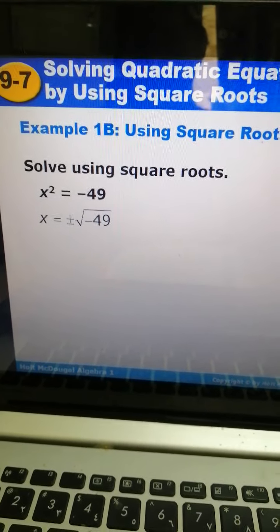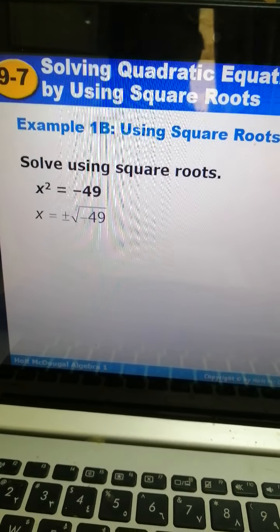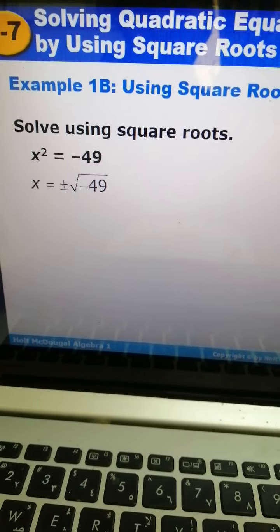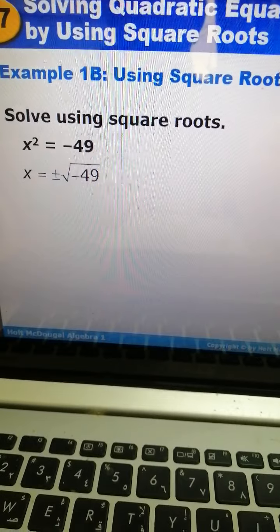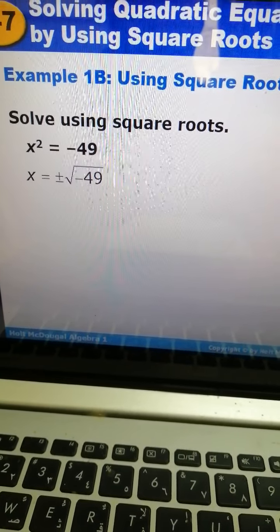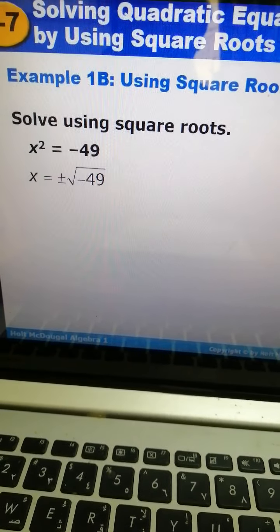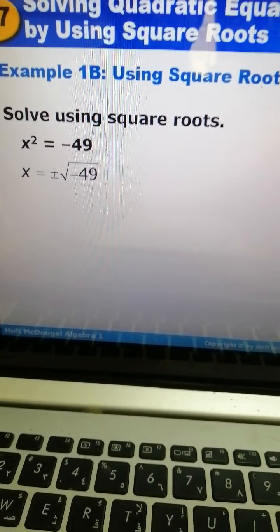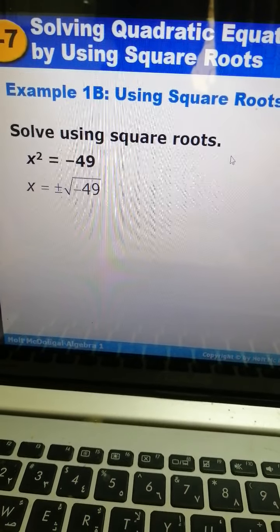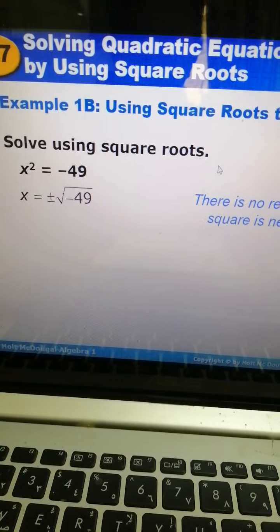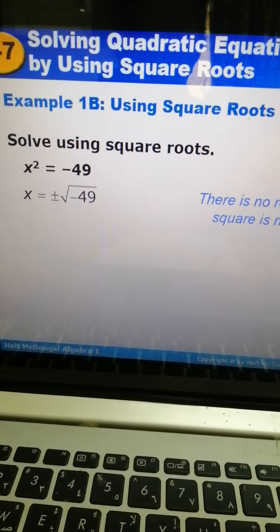What if there is x squared equals negative 49, and then you apply the square root to both sides? Square root of x squared equals square root of negative 49. Is there any number that when you multiply by itself, the answer is negative 49? So none. Which means there is no solution, because you cannot have 7 times 7 is negative 49, or negative 7 times negative 7 is negative 49.